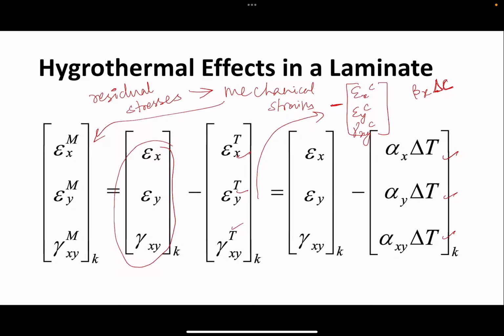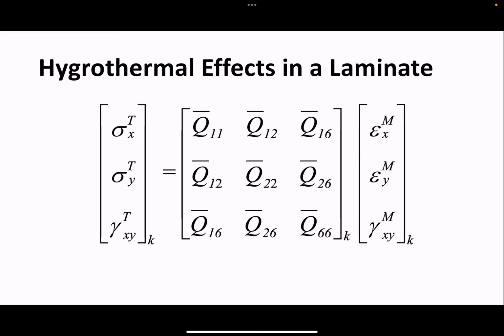It's just that we want to account for it numerically. This we know, stresses are equal to the Q bar matrix multiplied by strains. Now it's just that it's a combination of thermal and moisture strains. So stresses caused by temperature change and moisture change equal the same relationship, Q bar matrix, times the mechanical strains. Those are the ones that are left.